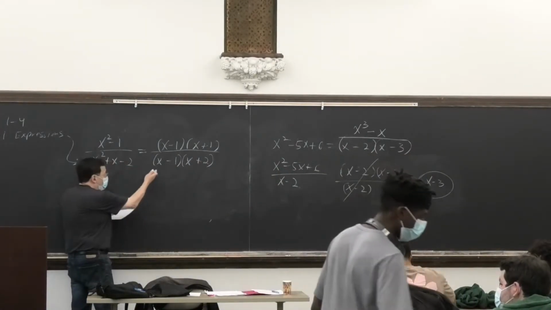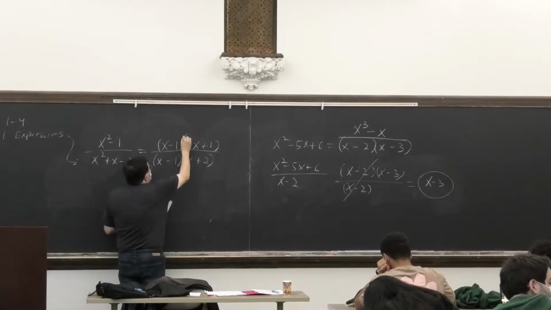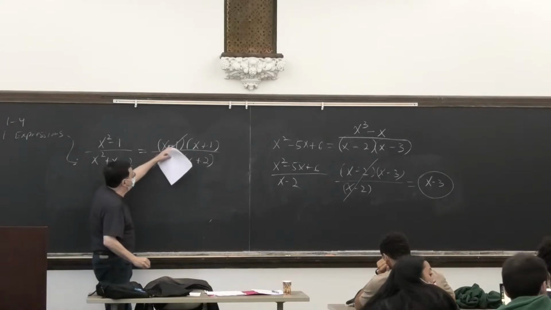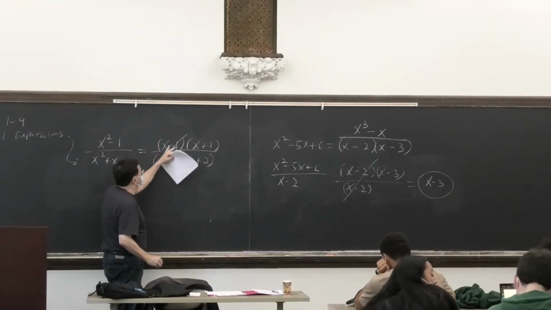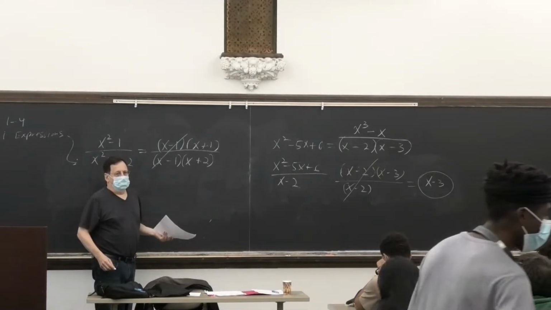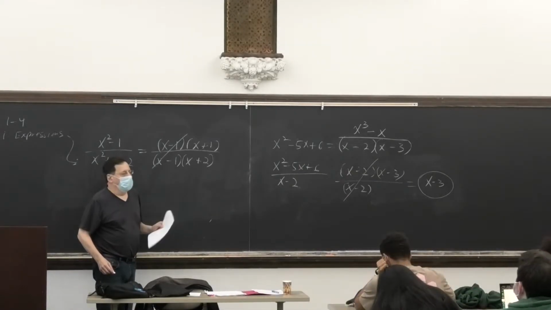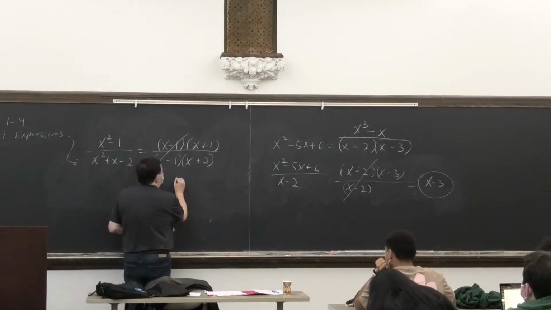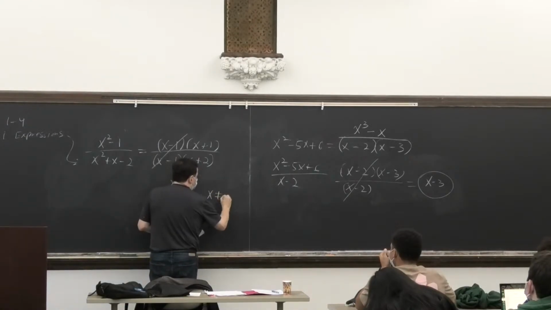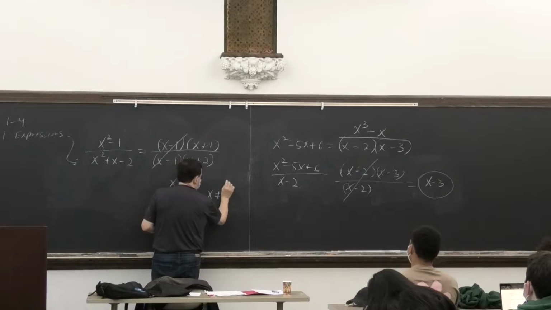So we can simplify this rational expression by seeing that x minus 1 over x minus 1 is always 1, unless x is 1. So we can rewrite this as x plus 1 over x plus 2, x not equal to 1.